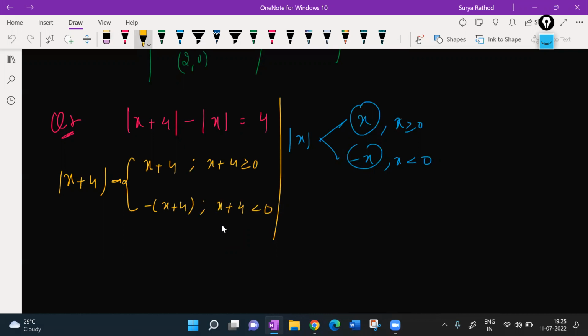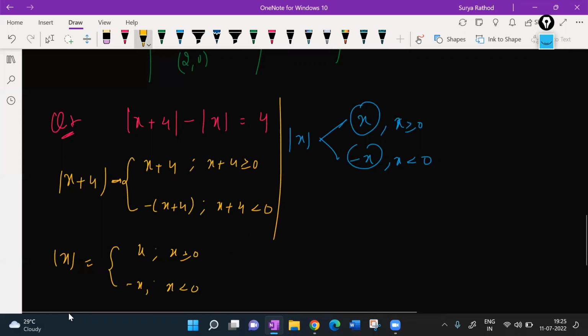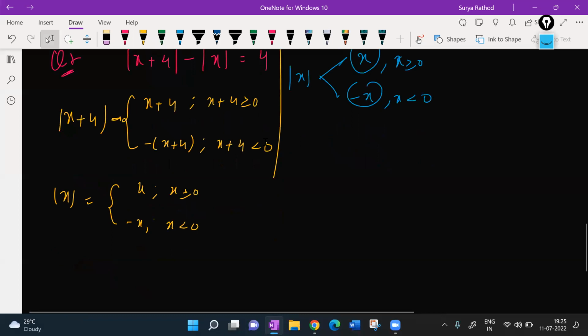This is the function. Cool. Now the same thing with this function: it is going to be positive when x is greater than or equal to 0, and negative when x is less than 0. Now you just take cases, or you plot the critical points on the number line, take cases and solve it.